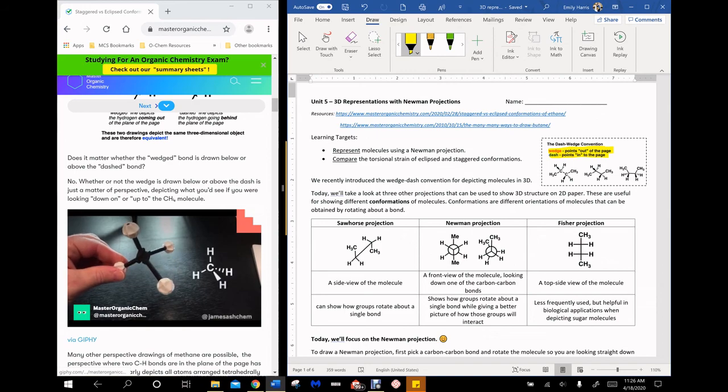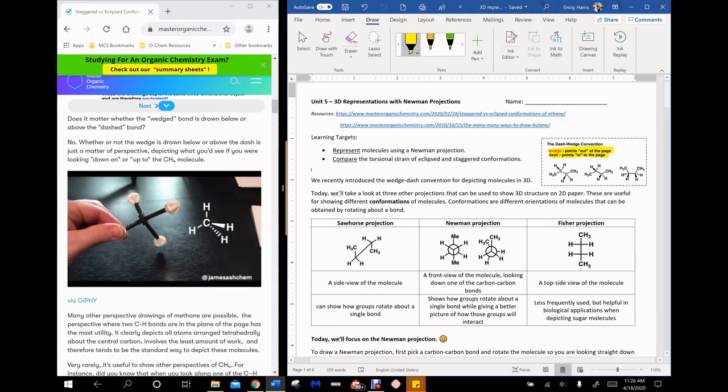If you look at the little video on the left, thanks again to masterorganicchemistry.com for these resources, you'll notice he's got the tetrahedral built and is rotating it back and forth, and you'll see the wedge and dash notation. Here that front bond is sticking out, now it's going back, so on and so forth.